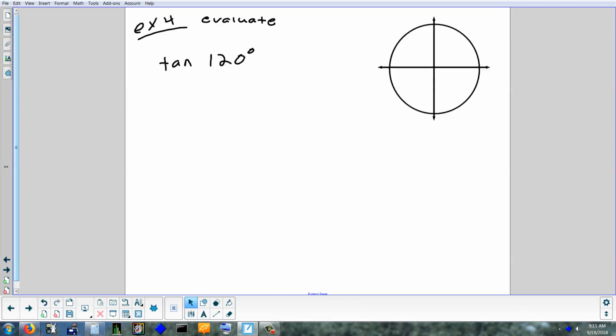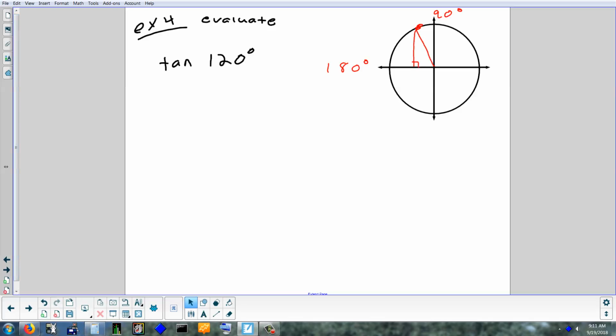So I picture the circle. I've got 180. I've got 90. Now I try to picture where 120 is. I have 3 options. Is it right in the middle? Is it closer to 180? Or is it closer to 90? It's closer to 90. So it's right like that. Make my triangle.